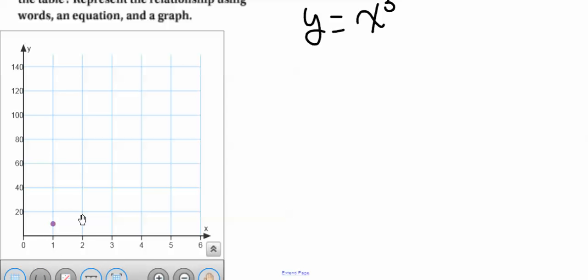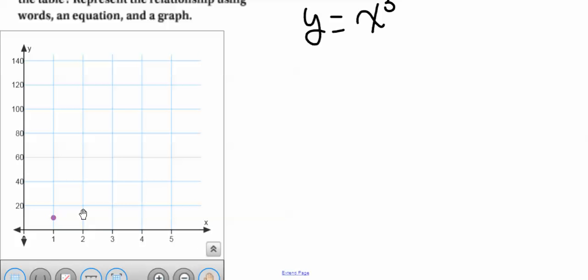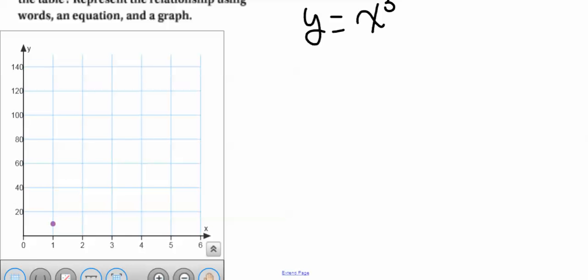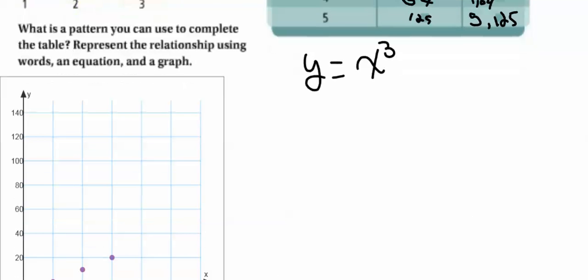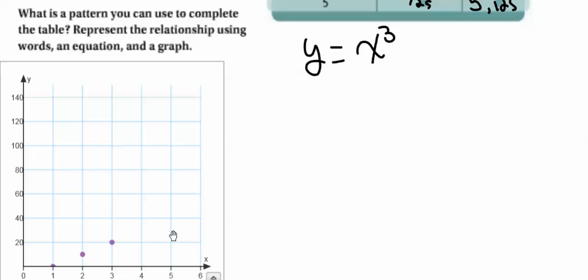It is 2 and then 8. Let me rewind that a little bit. So that's 1, 1, 2, 8, 3, 27, 4 and 64, 5 and 125. And you can see that it's just taking that curve.